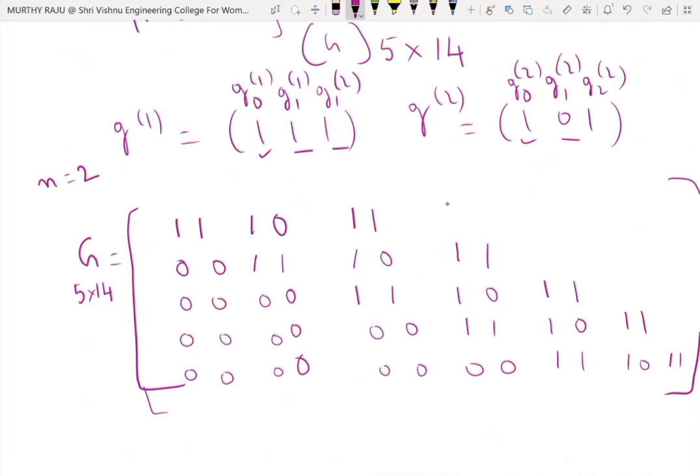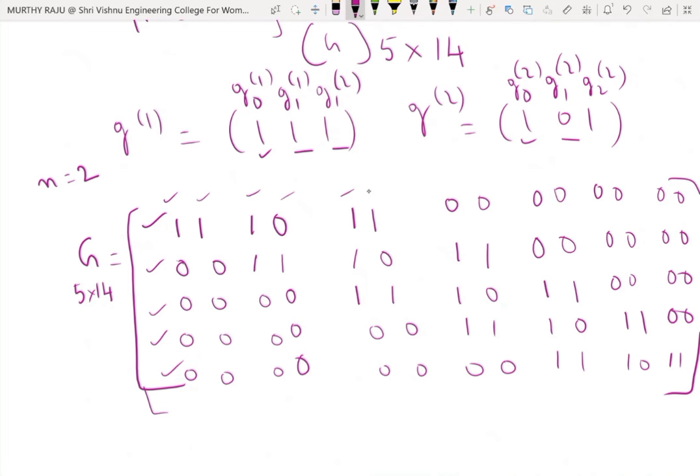This is the generator matrix. 5 rows: 1 2 3 4 5, and the columns are 1 2 3 4 5 6 7 8 9 10 11 12 13 14.